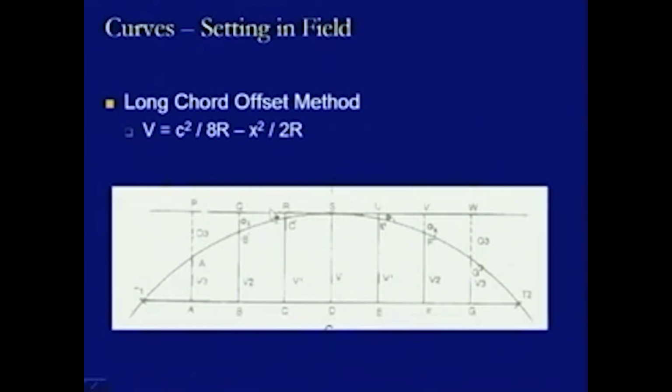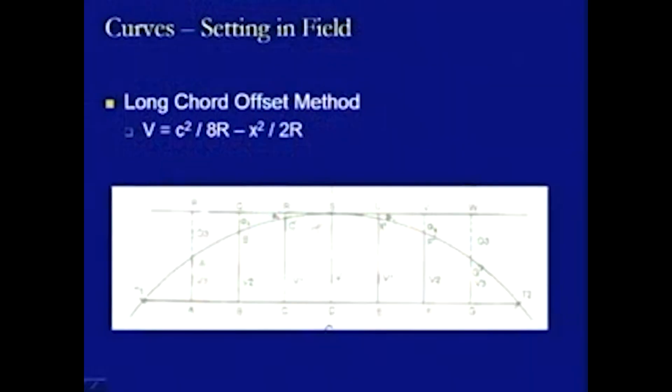If we take the value of x in this direction, we come to this point, and at this point we compute the value of V and we will get this point, and this is how it keeps on going. So, this is the long chord offset method, and this is the center point. Similarly, the curve will be similar in this direction and in this direction.